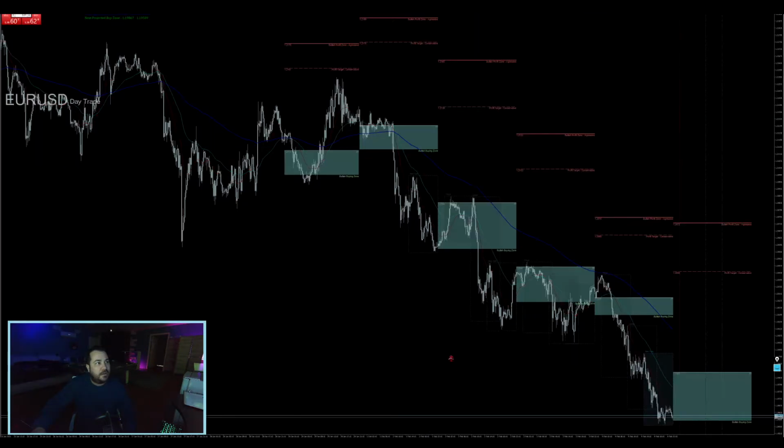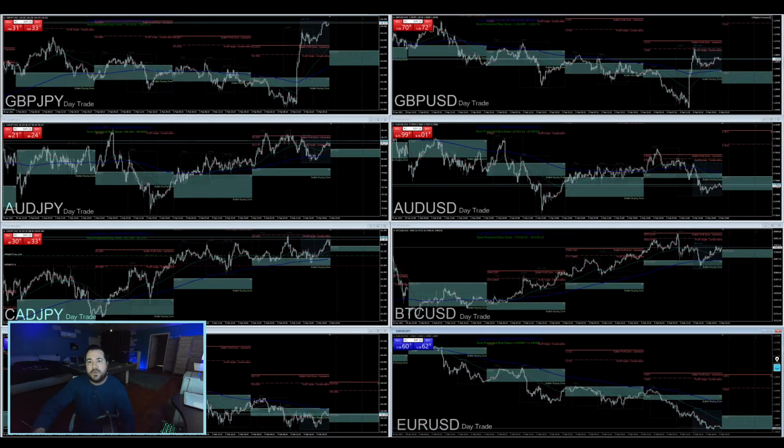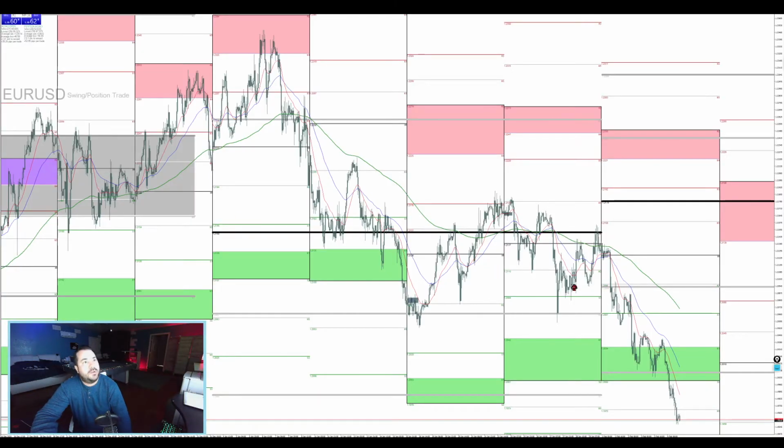So let's go ahead, so this is our euro chart. In fact, you know what I want to do is I want to pull this up on my swing trading charts. All right, swing trading charts. Okay, so here we go. All right, so these are my hourly candles.